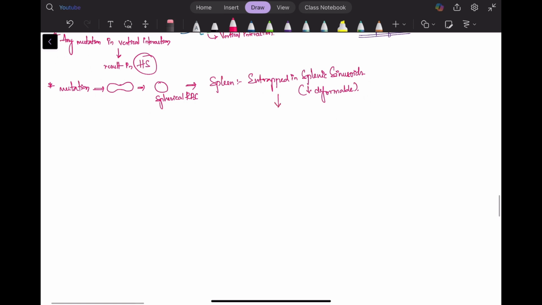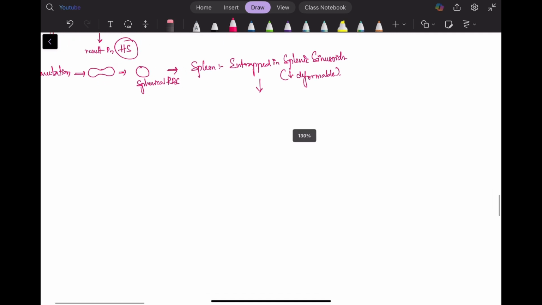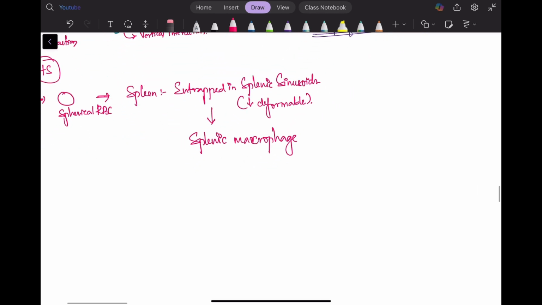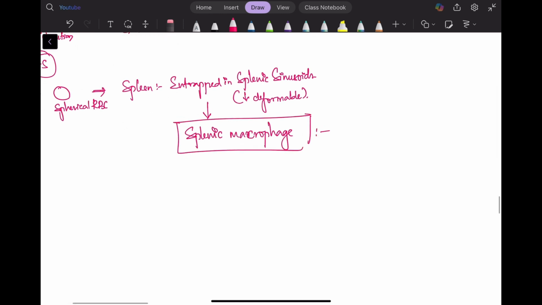Now the spleen has got ice cream, and your spleen is very happy when he sees ice cream. When you see ice cream, you can't control yourself, right? And your splenic macrophages, we discussed about these, what you'll call littoral cells.